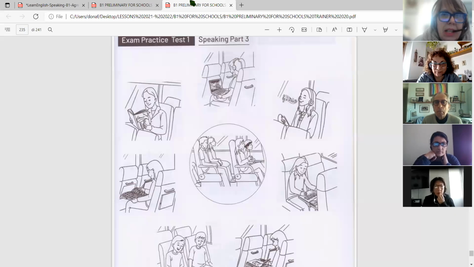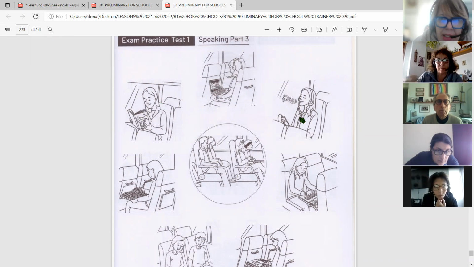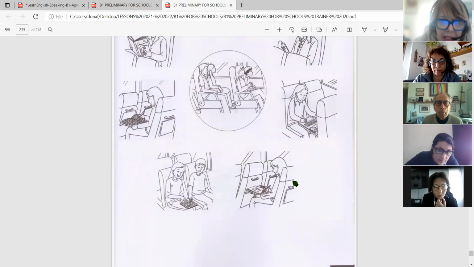Okay, can you see the image? Yes. Okay, so you see, this is the long trip, and around it you have all the things she can bring with her. So you see all the images here, here, here, and also here, here, and there.